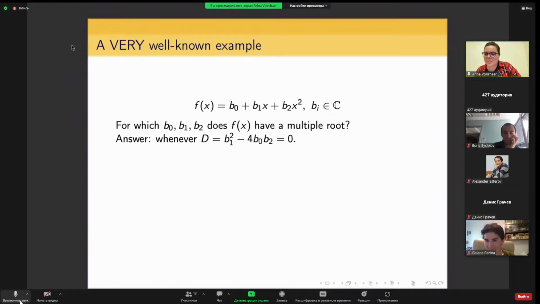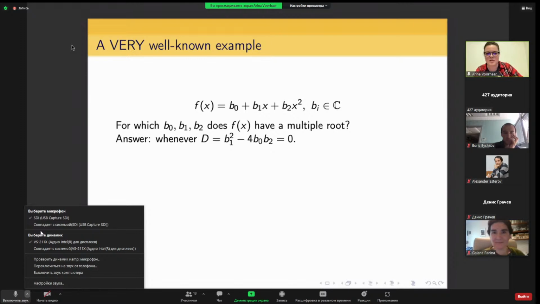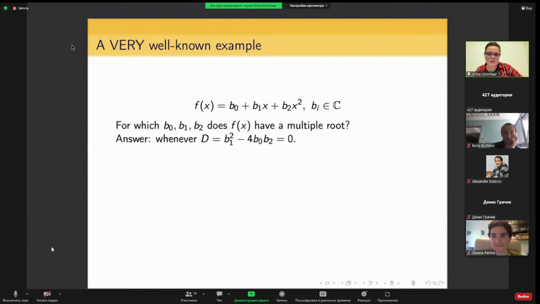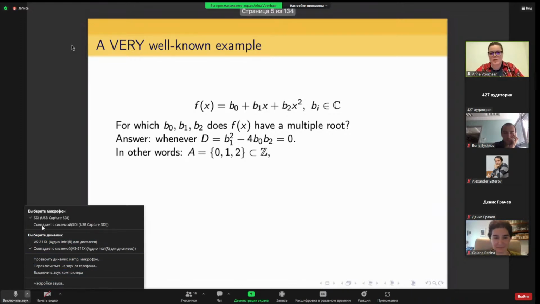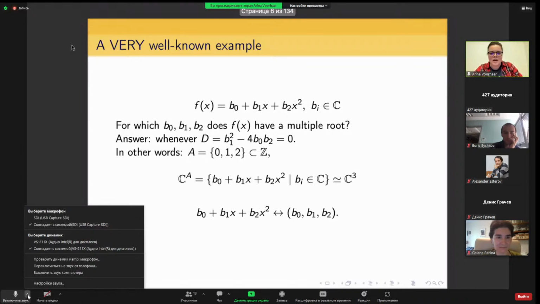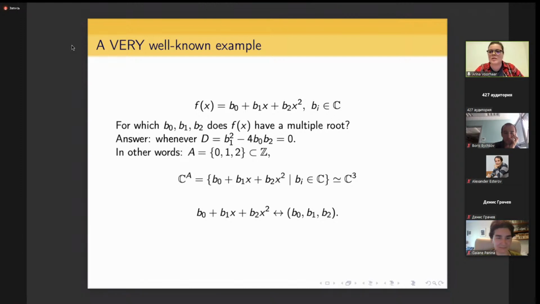So that happens whenever the expression known from high school, b1 squared minus 4 b0 b2, equals 0. In other words, we choose a set A = {0, 1, 2} in Z, and then we consider the space, which I denote CA, of polynomials with complex coefficients such that the degrees of their monomials are included in this set.